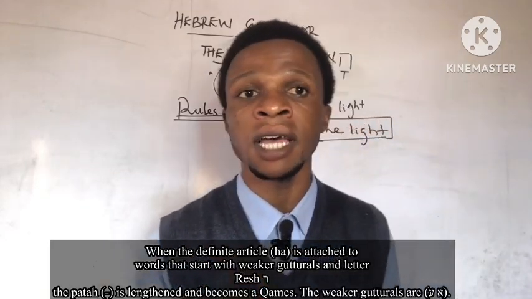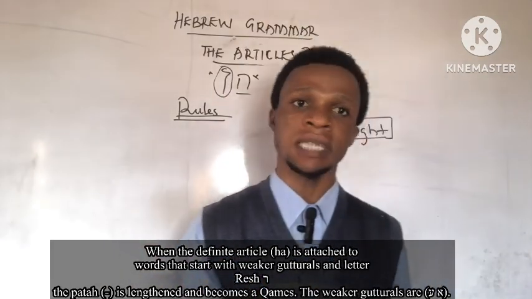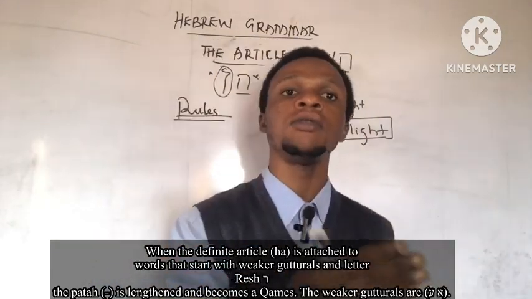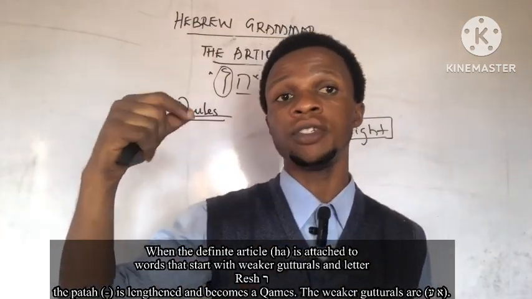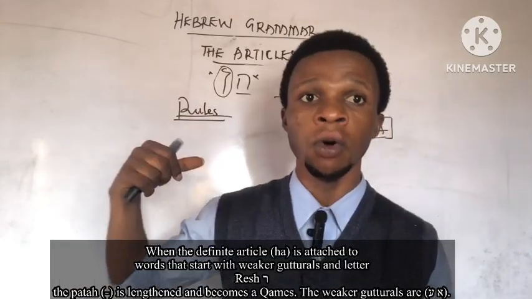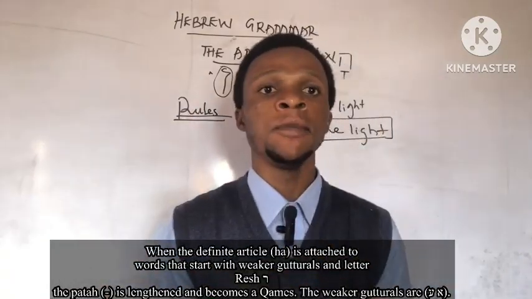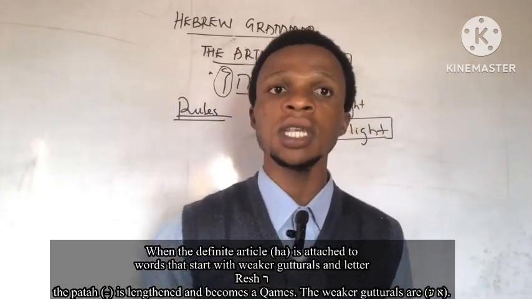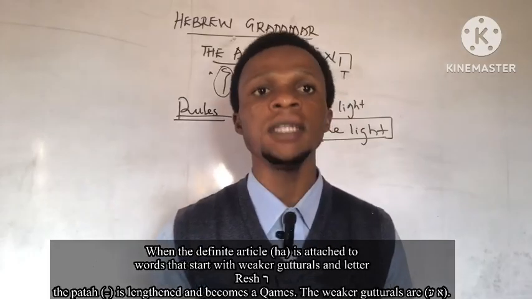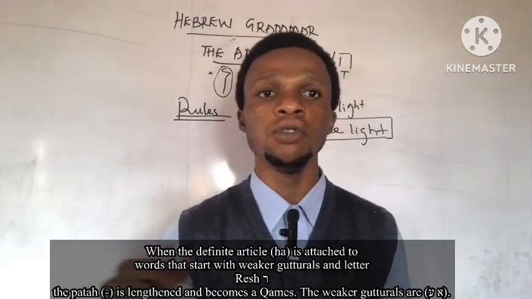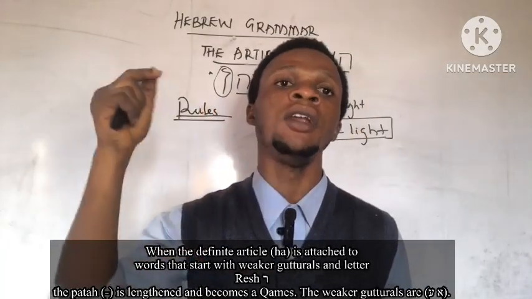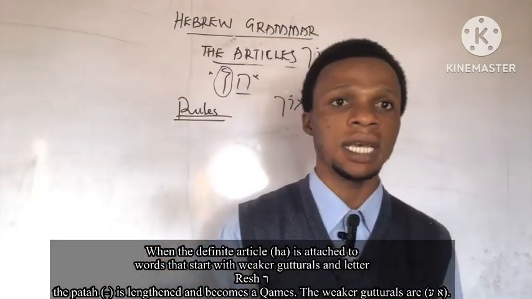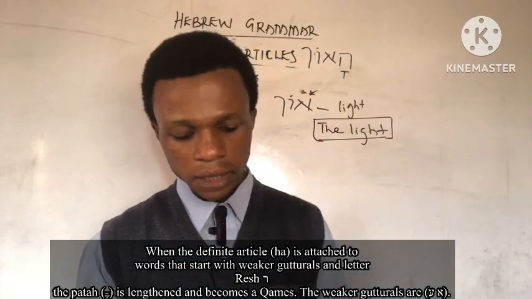The reason you do that is that you cannot double a guttural letter. It is impossible to double a guttural letter in Hebrew. So instead of doubling, as in the first rule with a regular consonant, you change the patach to a long a, which is kamet. That is all about the second rule.